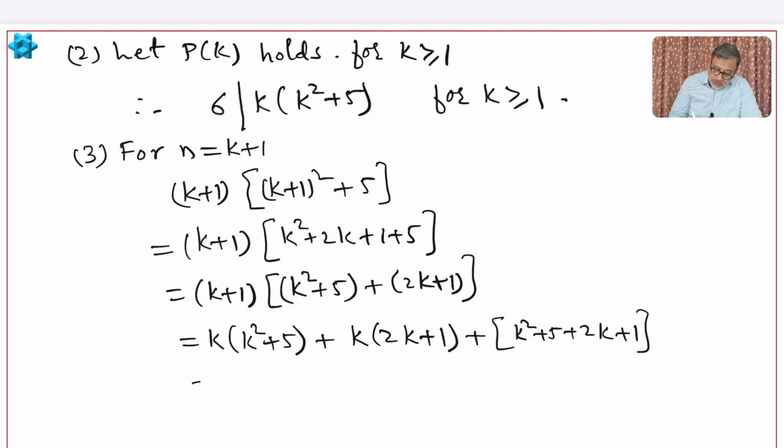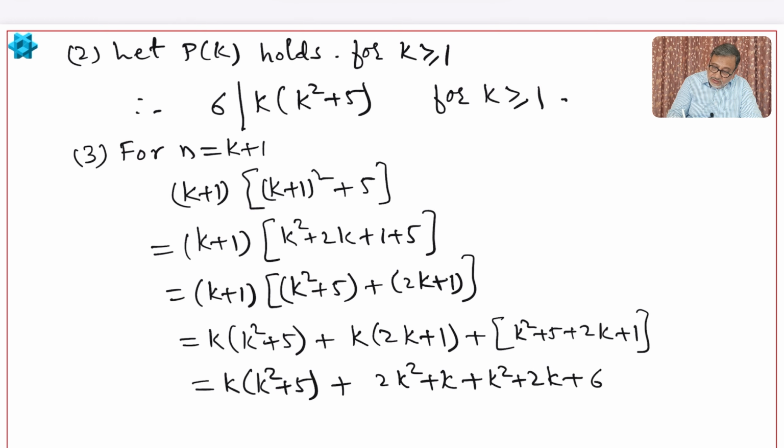Okay, so now k into (k² + 5) plus this is 2k² + k² + 2k + 6, right? So this and this together will make 6.